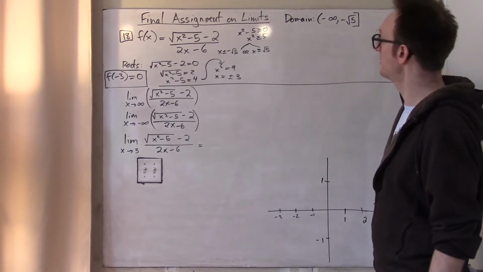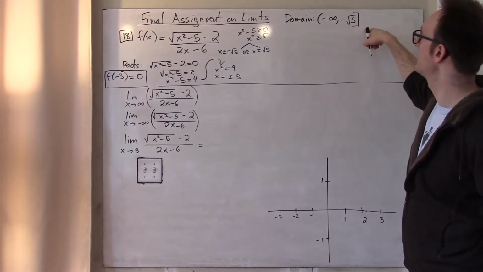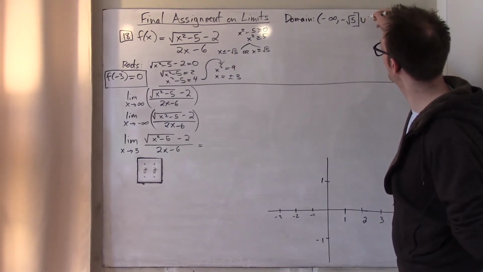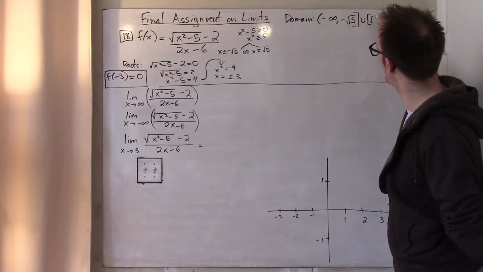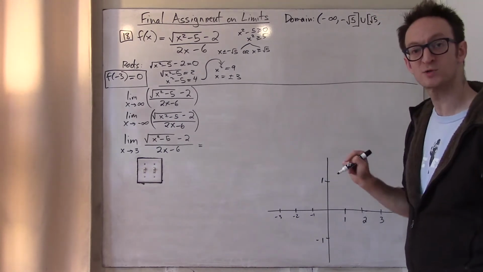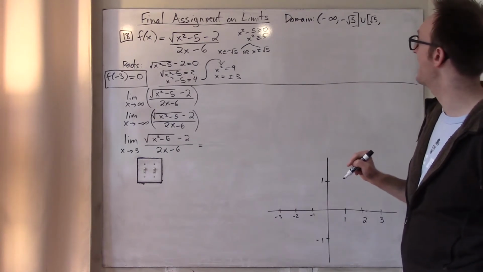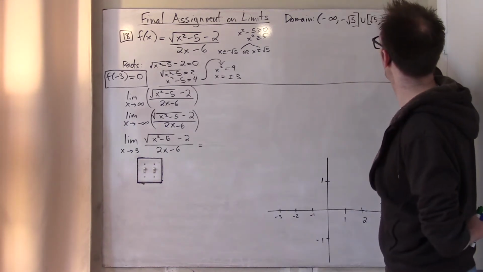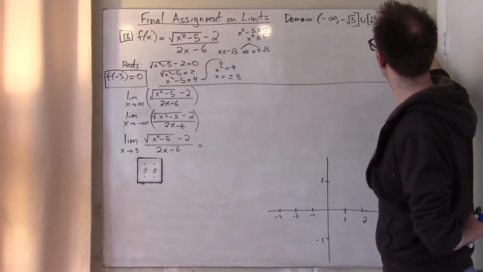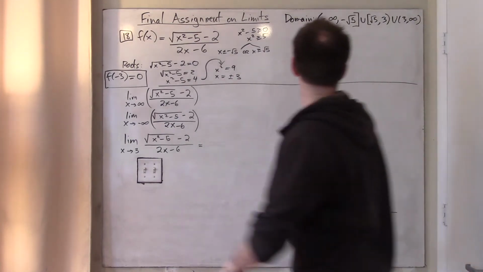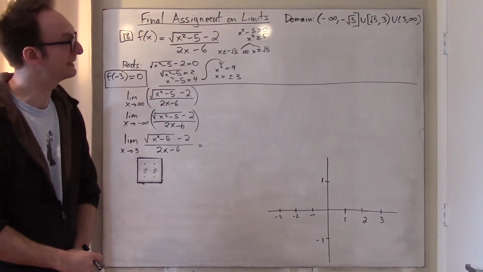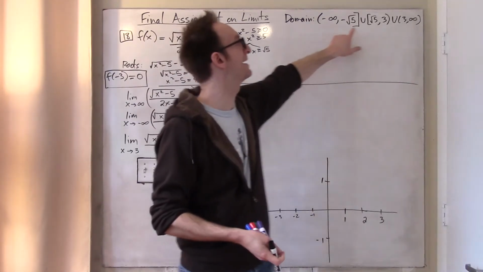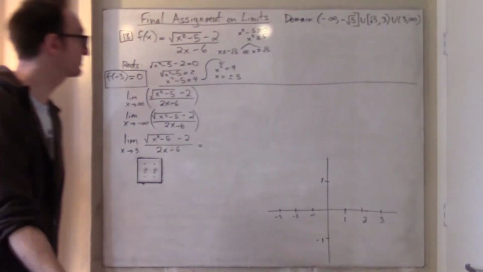But then, gotta write maybe a little bit smaller now, anything between negative root 5 and root 5 is going to be undefined, so I pick it back up again at root 5, but then root 5 is about 2-ish, then it's undefined again at 3, right, as we already discussed. So this is going to be up to 3 union everything from 3 to infinity. So that is my statement of the domain. It's basically x has to be bigger than root 5 or less than negative root 5 and also undefined at 3. Yikes, that was pretty hard.